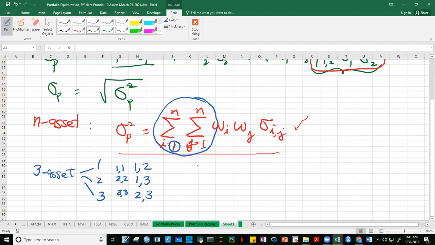Again, sir. Again, no? We will pair them because, take note, this is a double summation. So i is equal to 1, j is equal to 1. These are our assets. First, asset 1, who do we pair it with? With another asset, and asset 1.